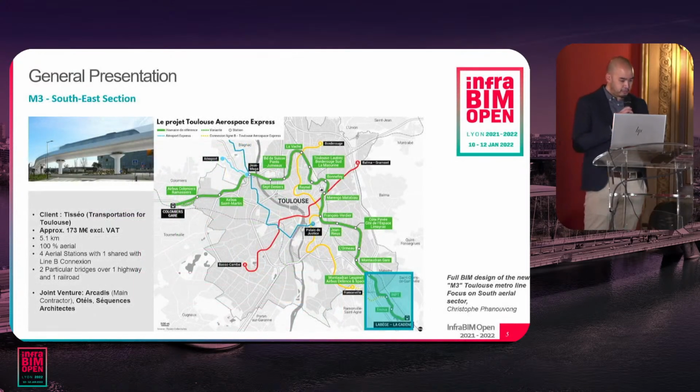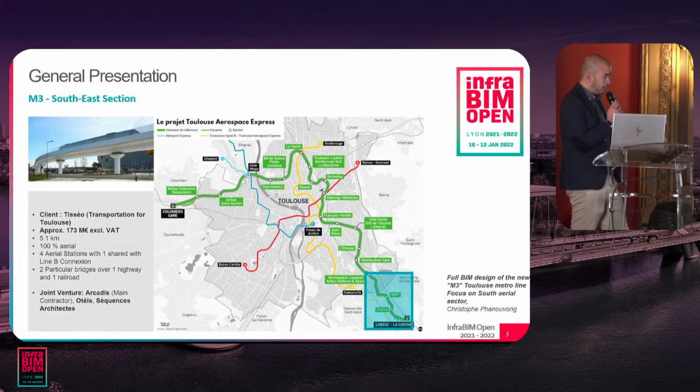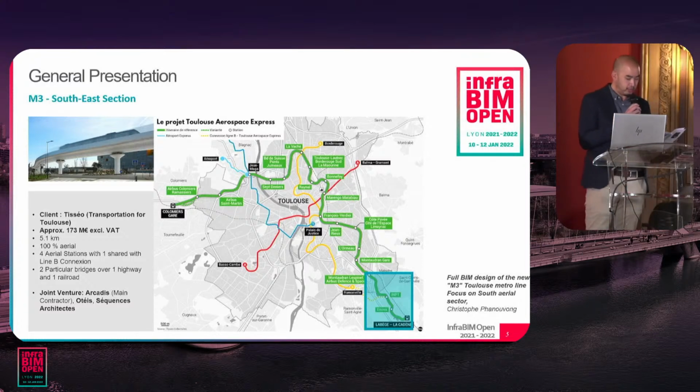For the southeast part, our client is TCO, and as I said before, you could see that there are a lot of actors on this project. On this part, where we will focus and where Arcadis is the main contractor, the sector is 5.1 kilometers long, completely aerial, with 4 aerial stations and one shared station with the Line B connection.